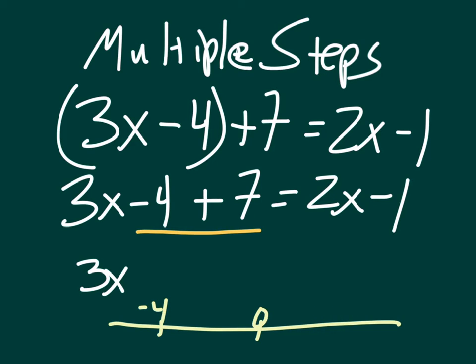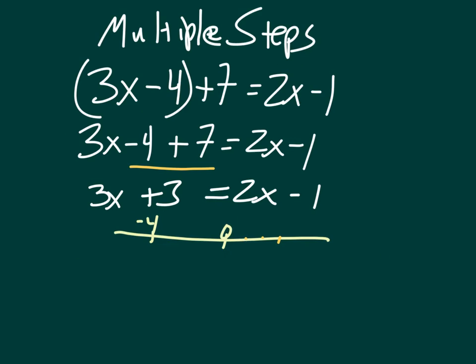So I end up 3 points above, for a grand total of plus 3, that equals 2x minus 1. So now I have 3x plus 3 equals 2x minus 1.